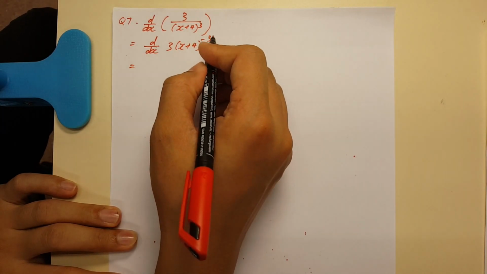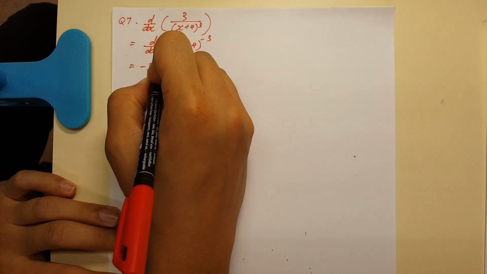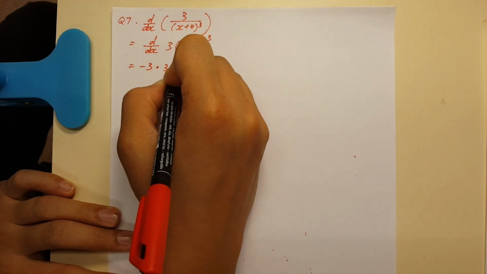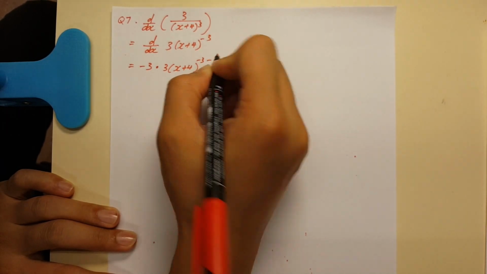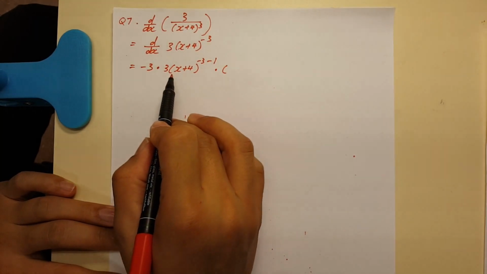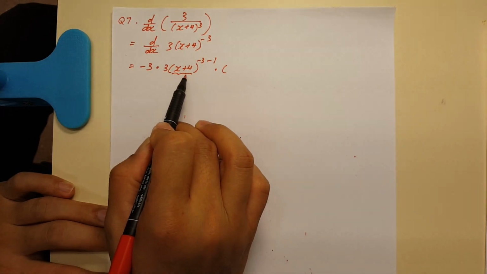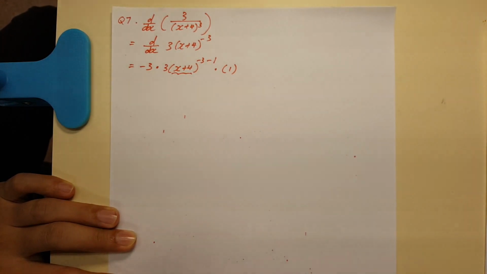I'm going to bring down the power of minus 3. So it's minus 3, not 3. Just copy everything down, reduce the power, and multiply by the differentiated content. In this case, if I differentiate the one inside, I'm just going to get 1. So nothing's changed.